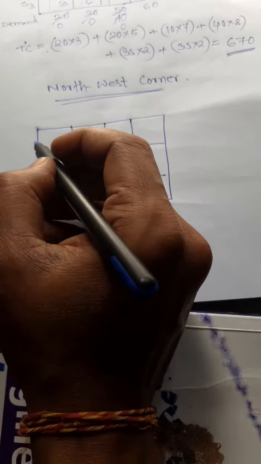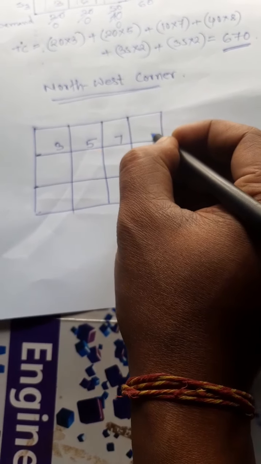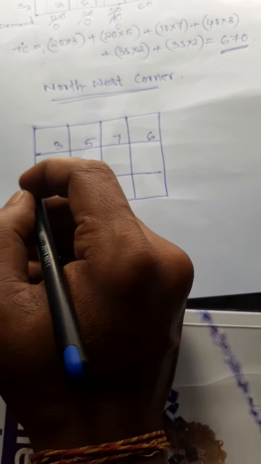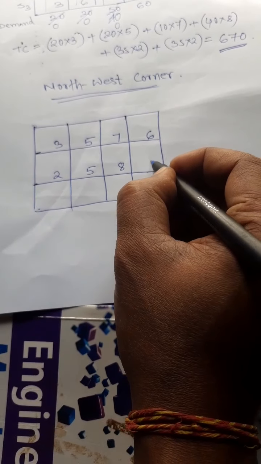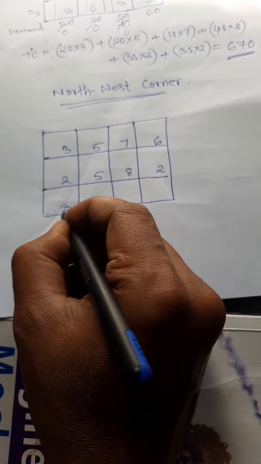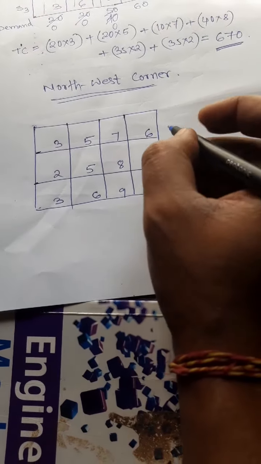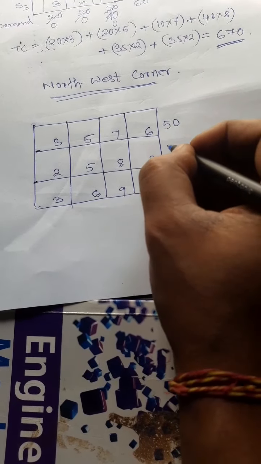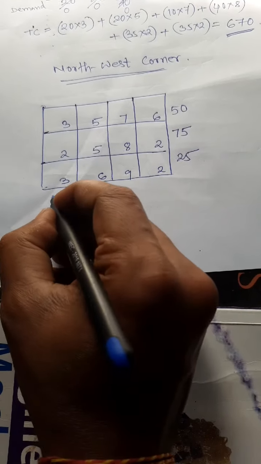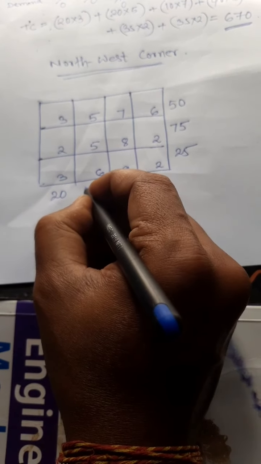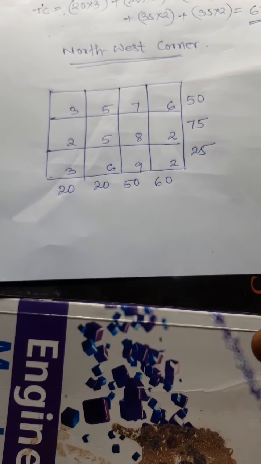Okay, the costs are 3, 5, 7, 6, then 2, 5, 8, 2, 3, 6, 9, 2. Availabilities are 50, 75, 25. Demands are 20, 20, 50, 60. So this is the matrix.